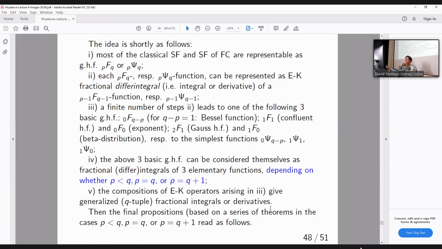Of course, when p is greater than q plus 1, the power series for pFq is not defined, and this was the reason for Meijer and MacRobert and others to introduce the more general G functions, for example.